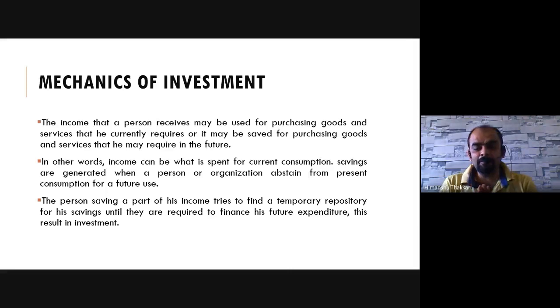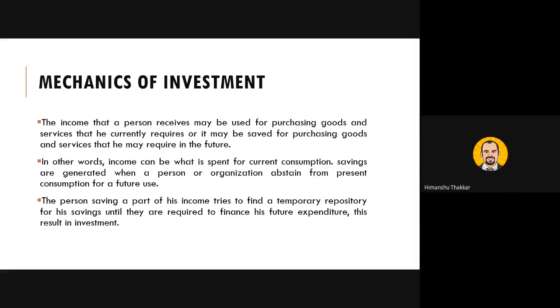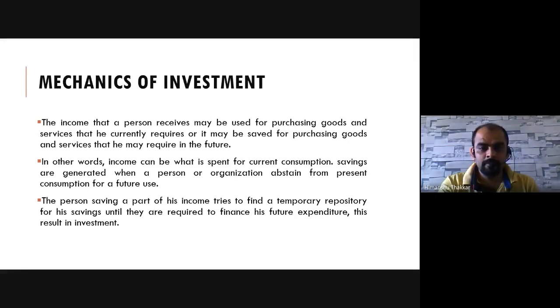You generate income, but out of that income, if you control yourself, if you abstain yourself, if you avoid spending, when you try to control your expenditure, you don't want to spend all the money that you've earned in the present consumption, you just want to ensure that you have the money for your future use. Now that becomes your savings.